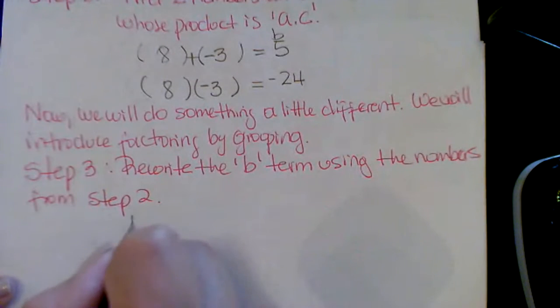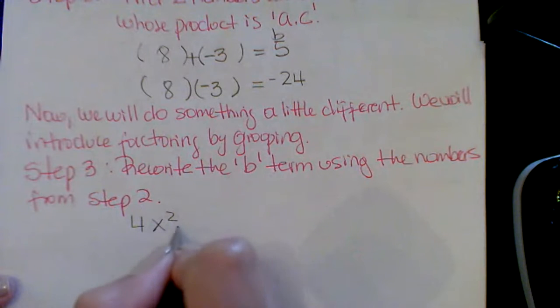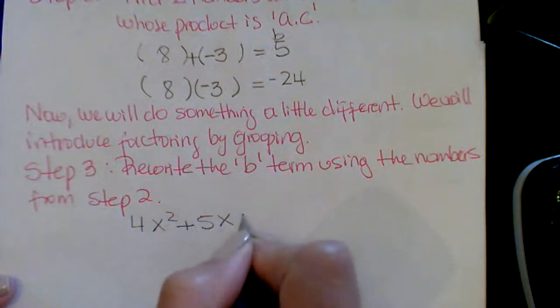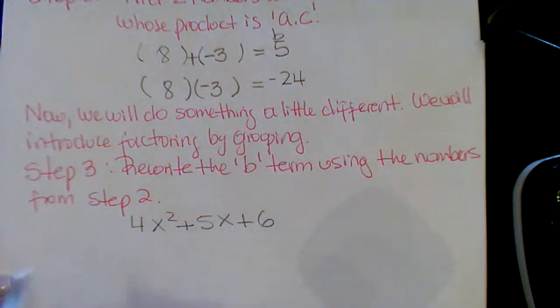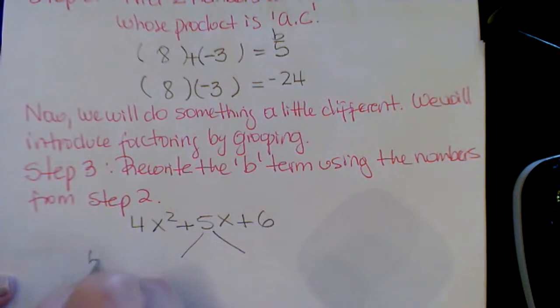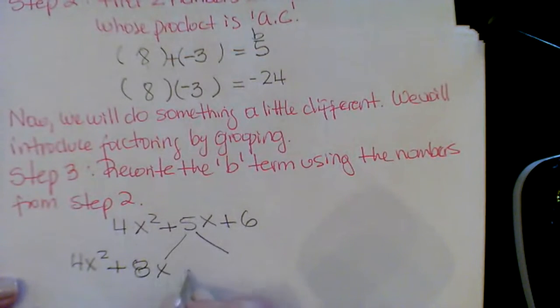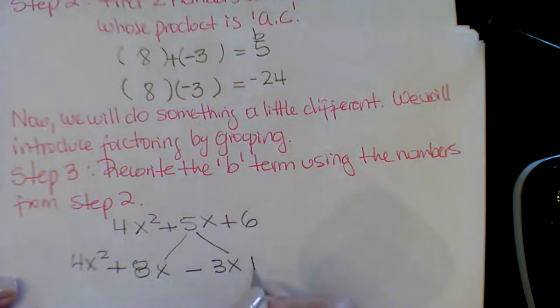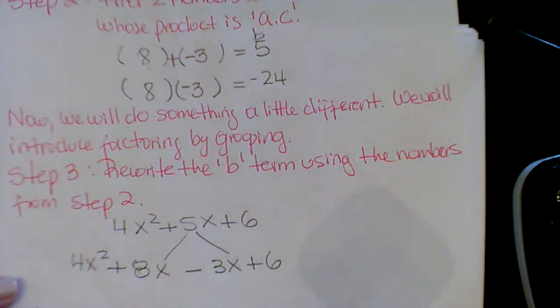So we have 4x squared plus 5x minus 6, this is what we have, right? So we're going to have 4x squared plus, what do we have? 8x minus 3x minus 6.